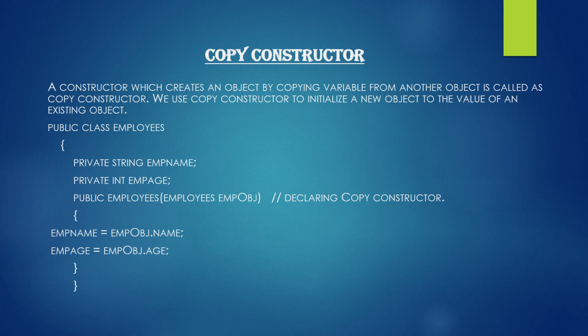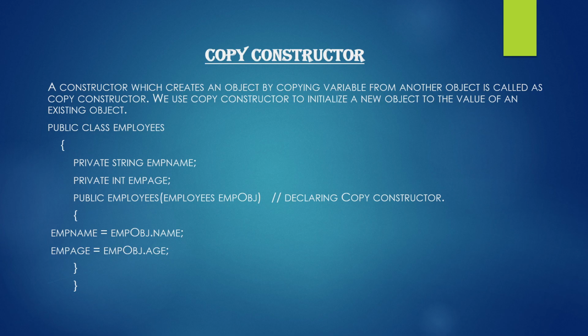What is the copy constructor? A constructor which creates an object by copying variables from another object is called a copy constructor. We use a copy constructor to initialize a new object to the value of an existing object. So here is the example. Public class Employees.